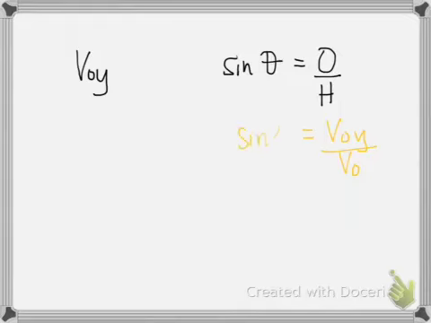By manipulating this equation, and since this is given to be 9.5, we can readily solve for VOY. If you isolate that on one side, VOY will simply be VO sine of 40 degrees, as given in this problem.